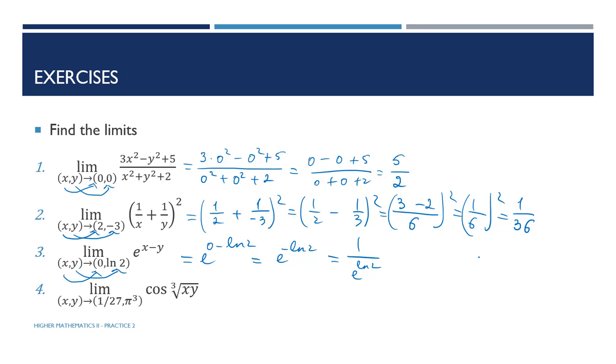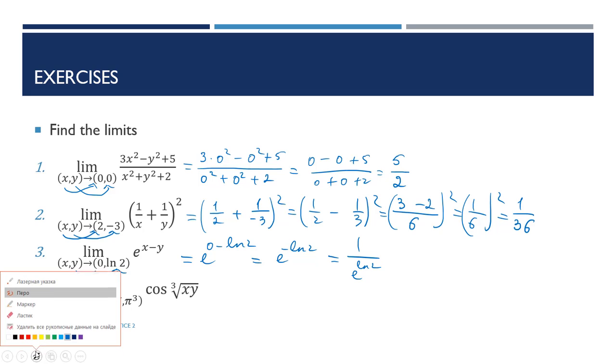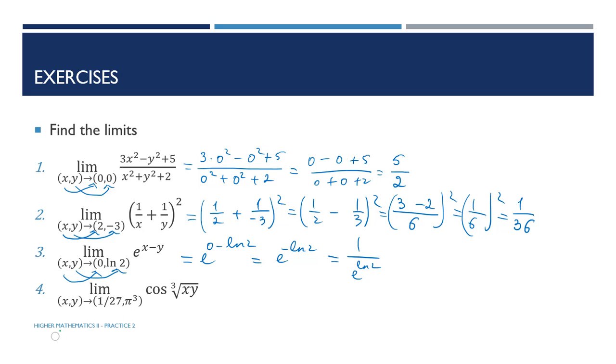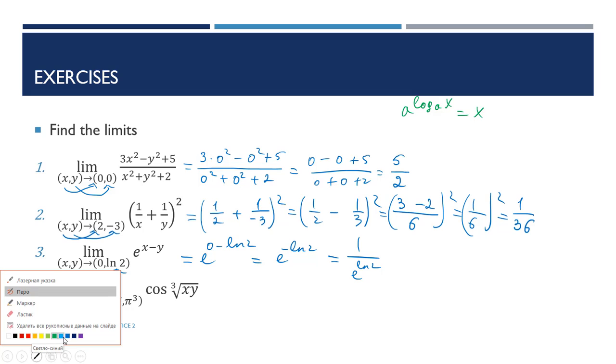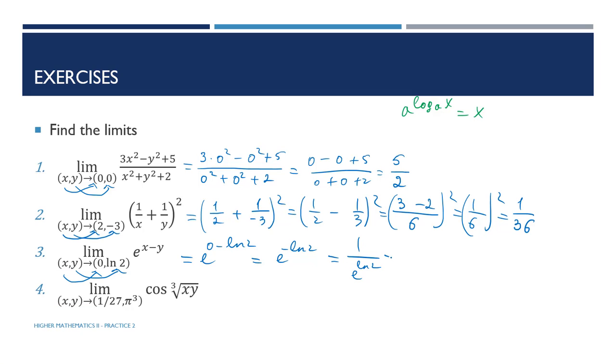If you have this kind of expression, a to the power of log base a of x equals x. I'll use that rule, so it will be 1 over 2. Okay, check the third one.